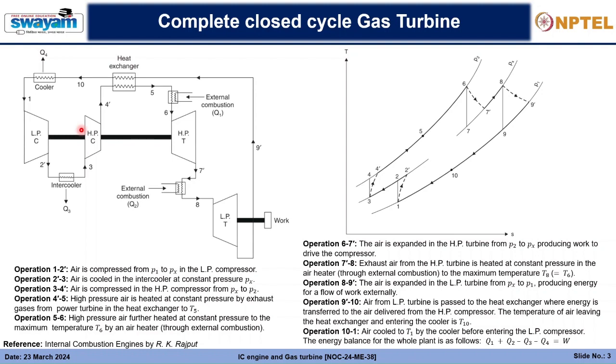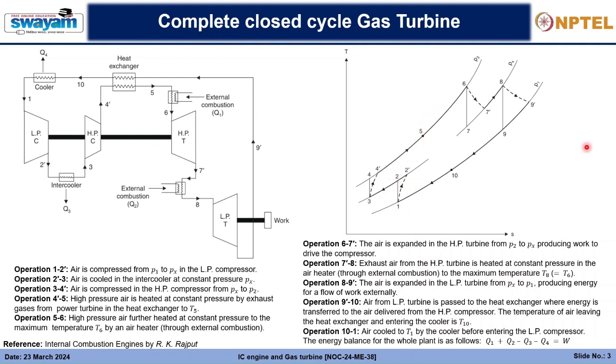While shifting from the low pressure compressor to the high pressure compressor, as you can see here, from 1 to 2 is the low pressure compressor, and we could have directly gone to this pressure difference. But while doing that, the amount of work we need to supply would be very high.